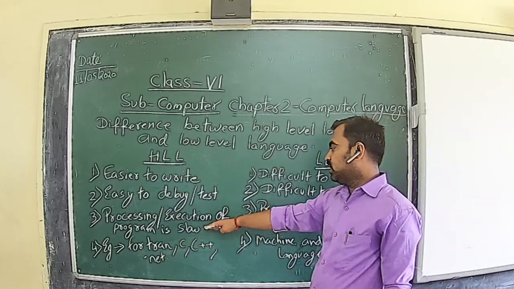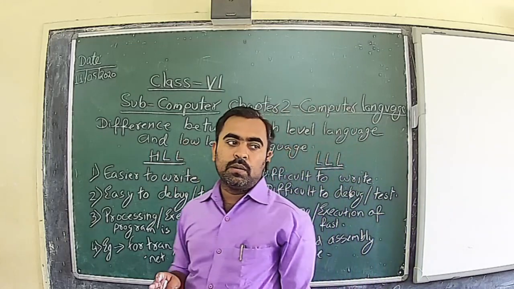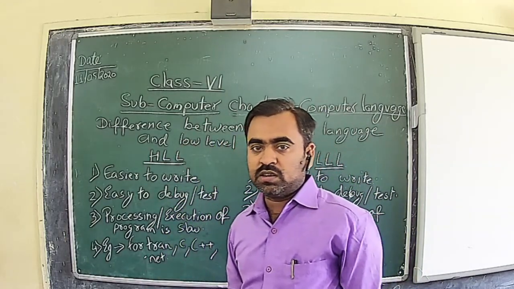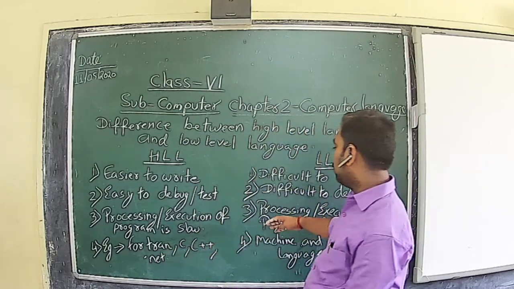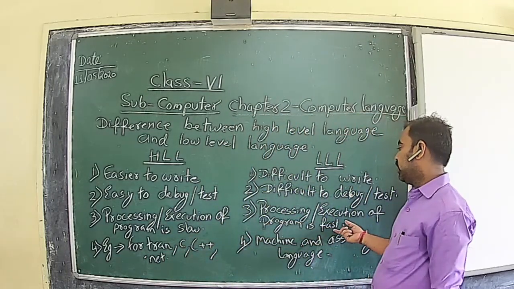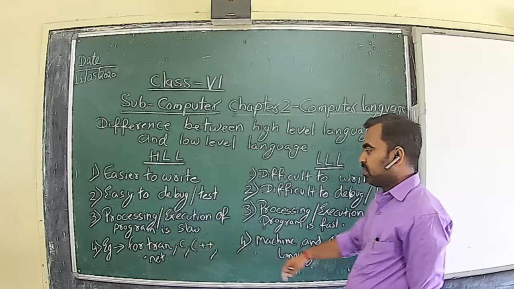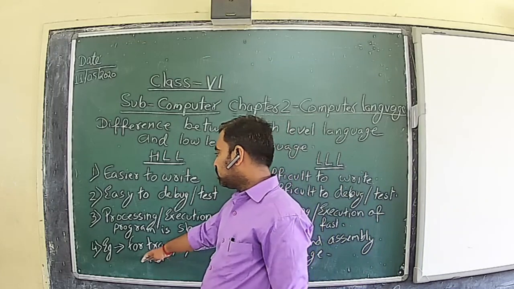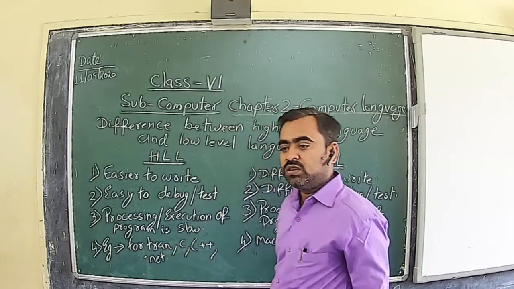Third, the processing and execution of program is slower as it has to be converted by the language processor or translator into machine language and then executed, whereas in low-level language the execution is fast. And then the examples of high-level language: Python, C, C++, .NET, Java.